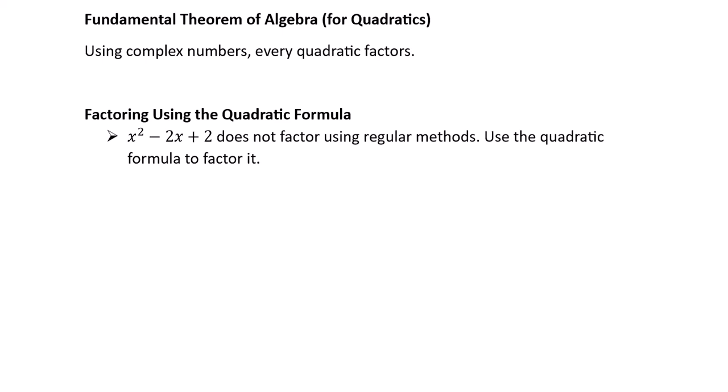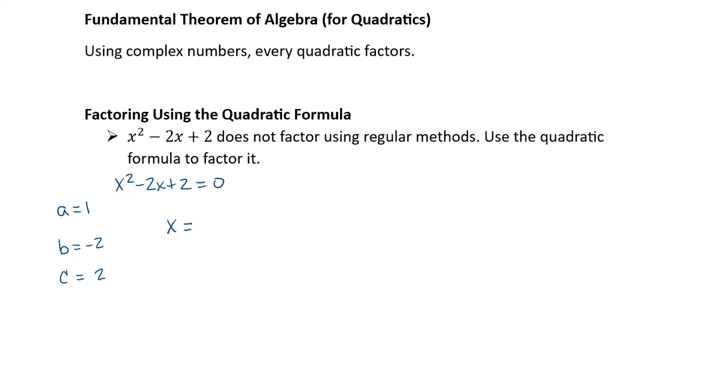Now x squared minus 2x plus 2 does not factor using regular methods, so let's use the quadratic formula to factor it. So first we'll set this equal to 0 and then identify the a, b, and c. A is 1, b is -2, and c is +2.